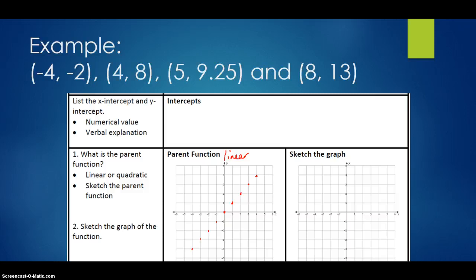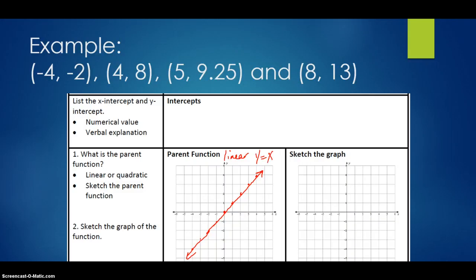So I'm going to do my best to make a straight line. I think that's good enough. And there we have the parent function, and our parent function is y equals x.